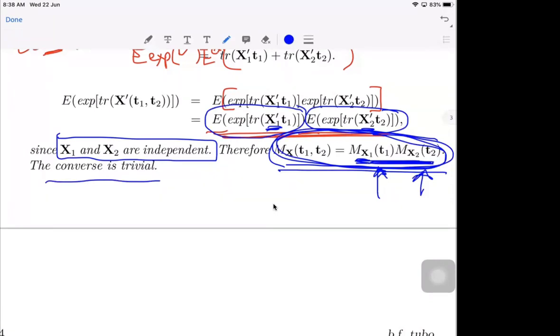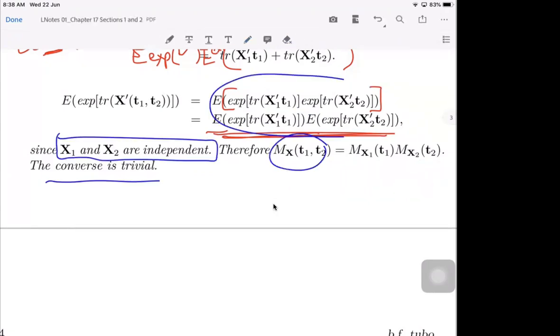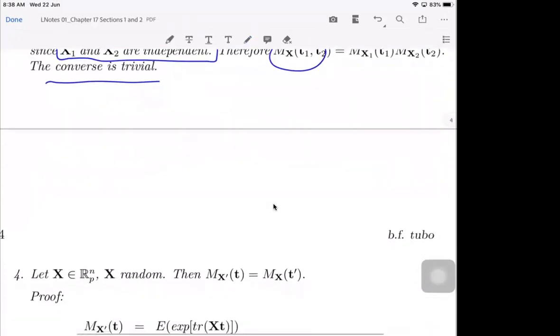So the converse is similar to what we have done in the univariate case, wherein we look at what is the form if we have the general moment generating function of x, and then compare it with this. Okay, so the converse is trivial.